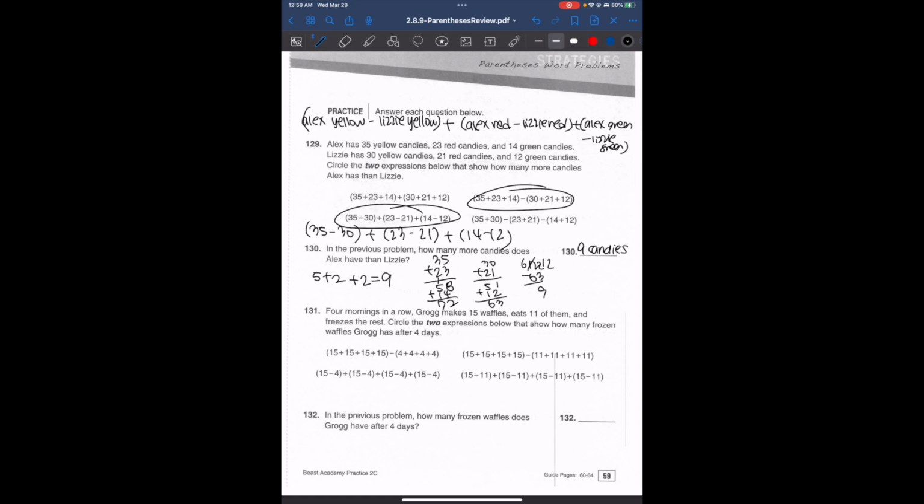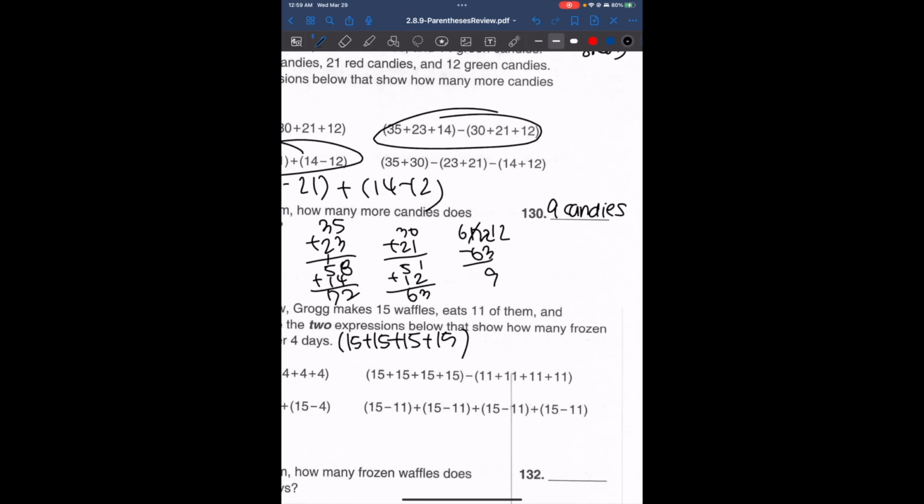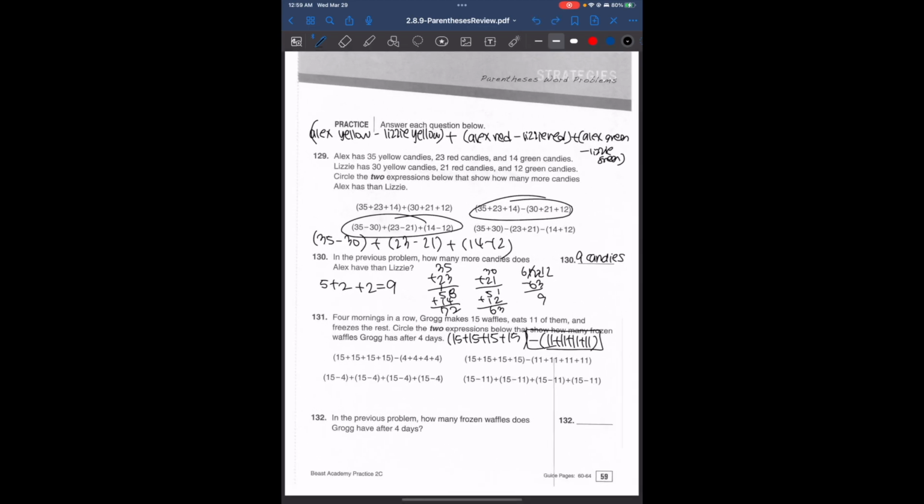And so now we're going to categorize this into making. So it's 4 days, so we're going to add 15 4 times. And then we eat 11. Now the reason why we do plus 11 is because we already have a whole negative sign in front of the parentheses, which indicates that we're subtracting everything.